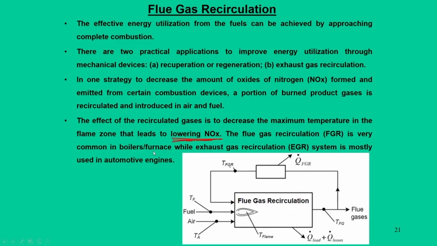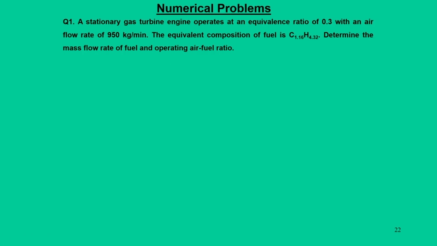Now, with this I close this module, but before you complete this lecture, let us understand some of the basic problems which we have covered in this class. This is one particular problem which we typically use while calculating the mass flow rate and air fuel mixture apart from the conventional fuel.